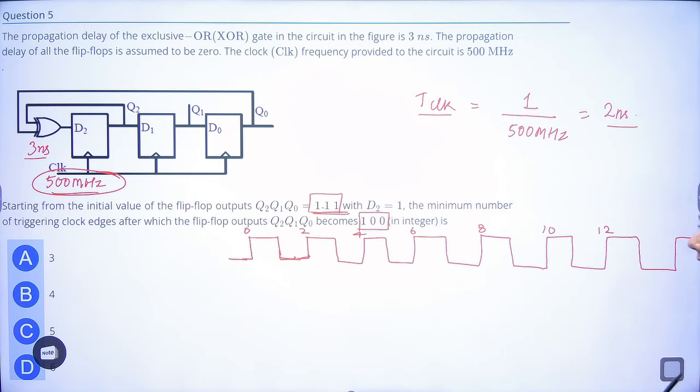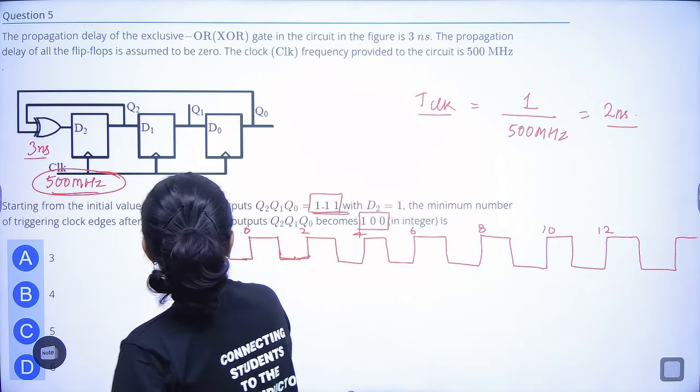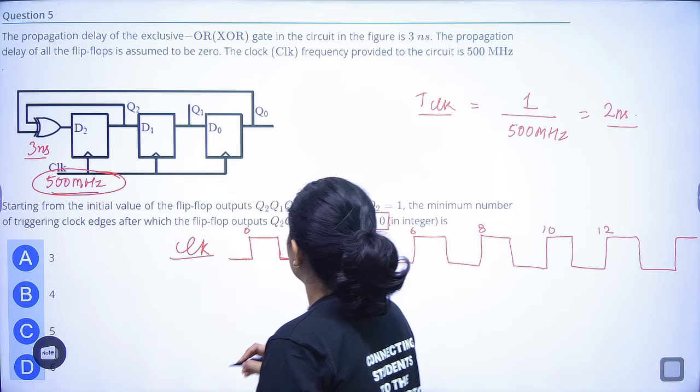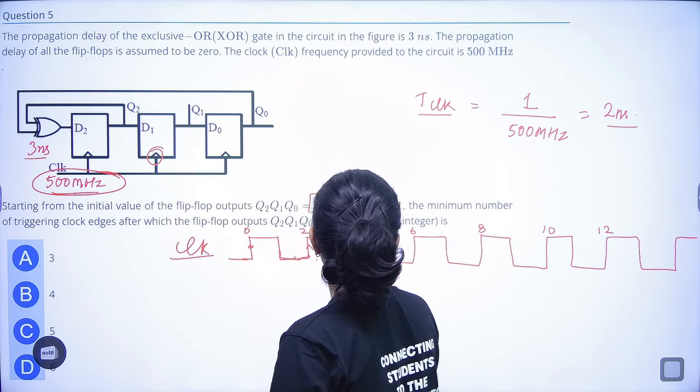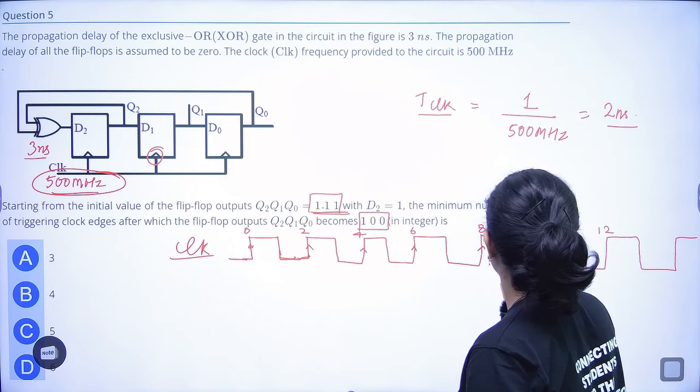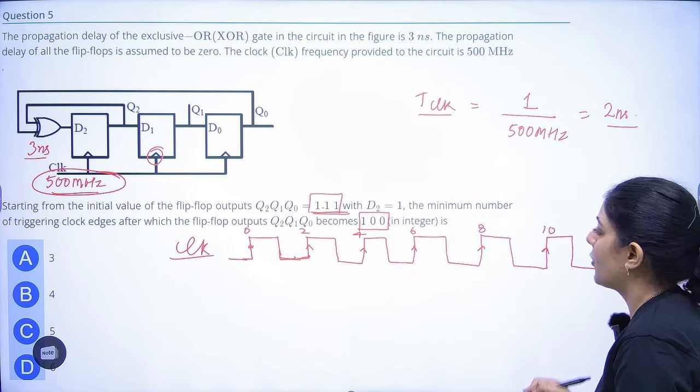I've just taken a random clock. It is positive triggered. So this is positive triggering here.